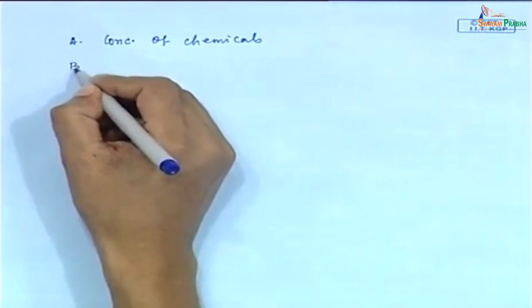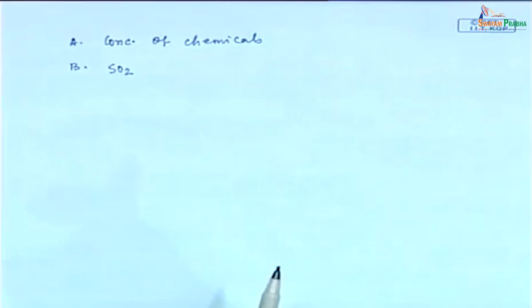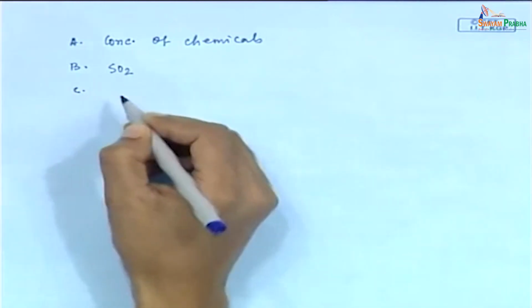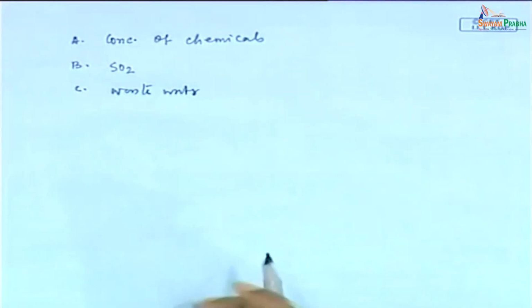Another example is sulfur dioxide concentration in the stream which is rejected to the atmosphere. And third example is the wastewater which is returned to the river or lake. These are three examples under the environmental regulations.